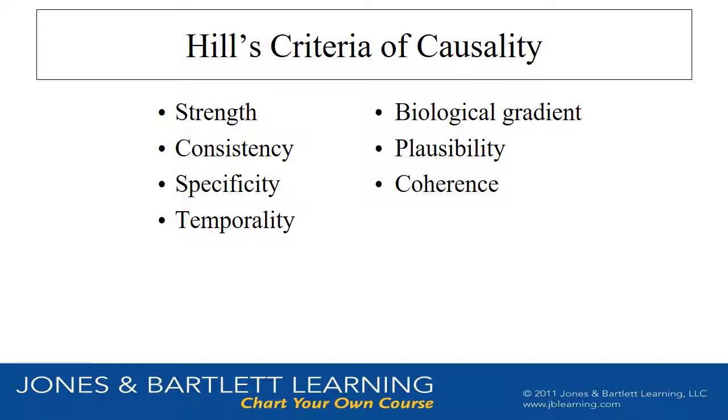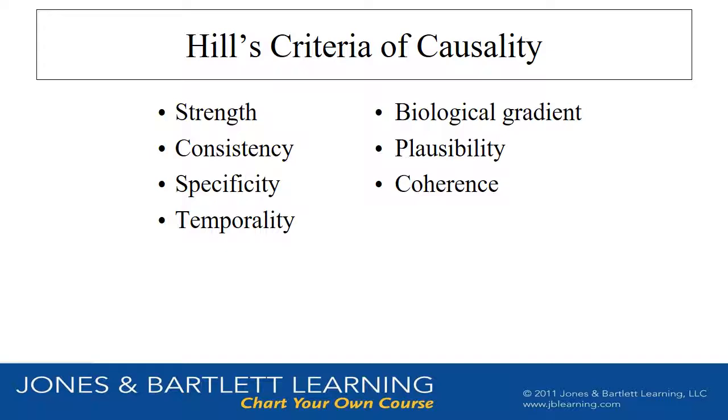Strength is the association and the magnitude of the association with the exposure and the outcome. In this case, we might be talking about a measure of association like an odds ratio or a risk ratio. And the farther it is away from 1 in either direction, greater or lower than 1, the stronger the evidence that this exposure is causing the outcome. Biologic gradient is really referring to a response to increasing exposure, meaning increased outcome, or a dose response.